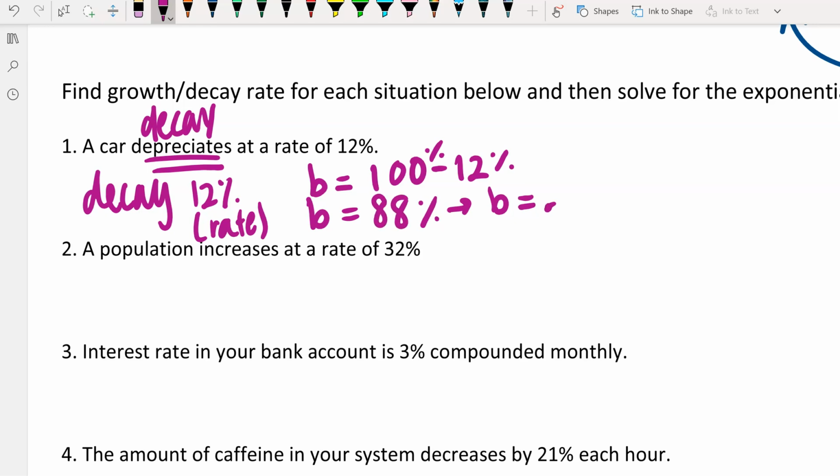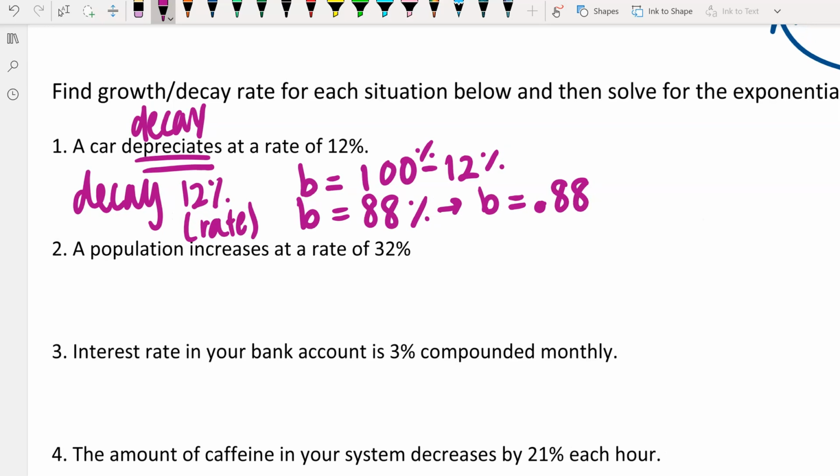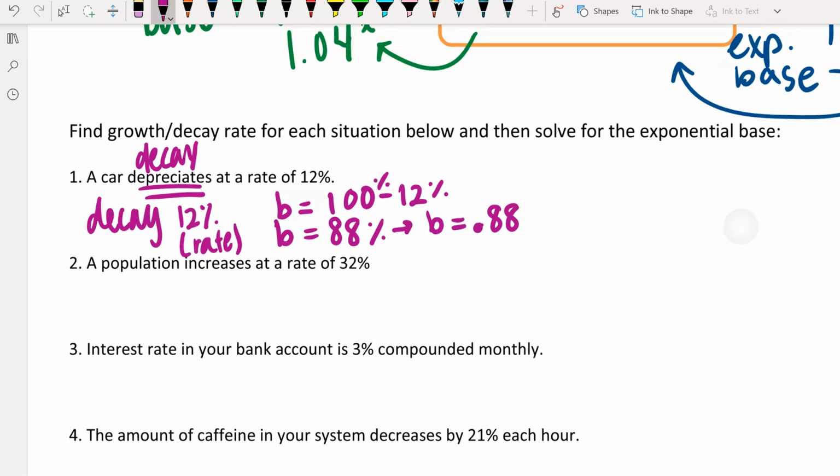And then that base as a decimal is 0.88, okay? So like if we had an equation for this, like just say, for example, we were writing an equation, we would see something like 0.88 raised to the x power. We don't know what this a would be, so we could just leave it blank, but the base is the leftover after the subtraction or addition, and the rate over here is just that. It's telling you how much it's depreciating, how much it's going down.